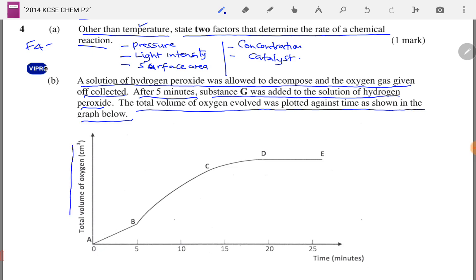On the vertical axis we have volume of oxygen. On the horizontal axis we have time in minutes. Do you notice something about the curve at this region? It suddenly rises. The curve rises, and yet it was coming steadily. So we get to the questions, scroll down to the questions to be able to answer them correctly.